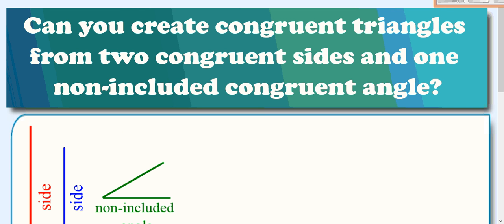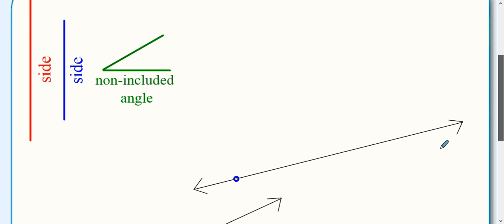So I talked about how it's important that the order that you write these things tells you the order that they happen, like that the side is included and that sort of thing. This is going to demonstrate it. So we're going to do the same thing. We need the angle, and then we're going to do the two sides also. But the two sides are not going to include that angle. So we're going to put the angle here.